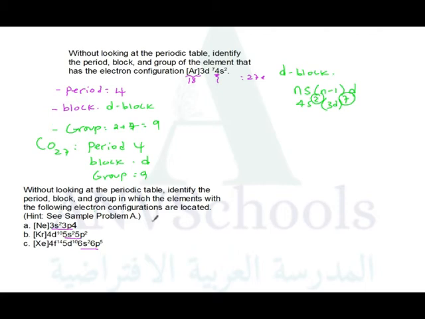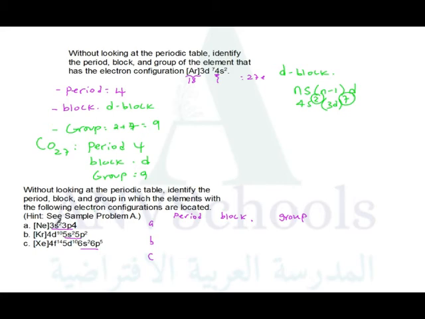So in order to answer A, B, and C, let's write first the period of the element, then the block, and then the group. Let's see. As you can see, the last electron enters the principal quantum number n equal to 3, and even though it is in the main shell 3, the distribution is partly in s and partly in p.